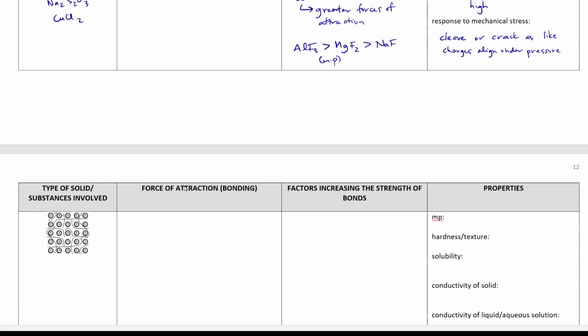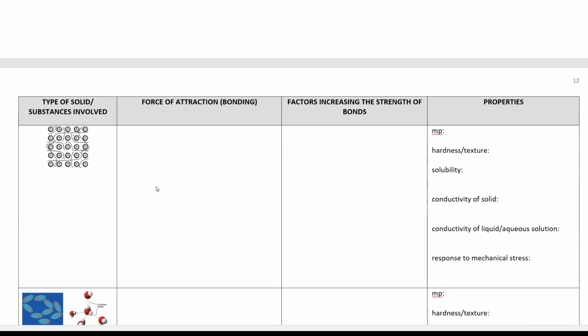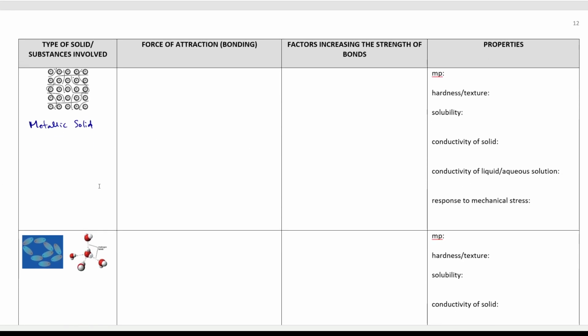The third solid that we're going to look at is the metallic solid. Again, this is a topic that you studied last year. And so we'll just put right here, metallic solid. And examples of that are types of metals, right?